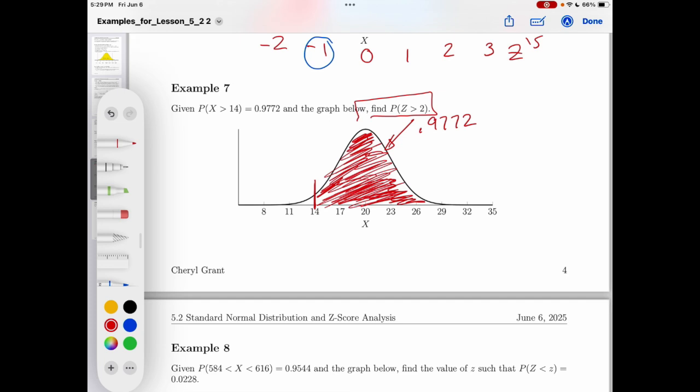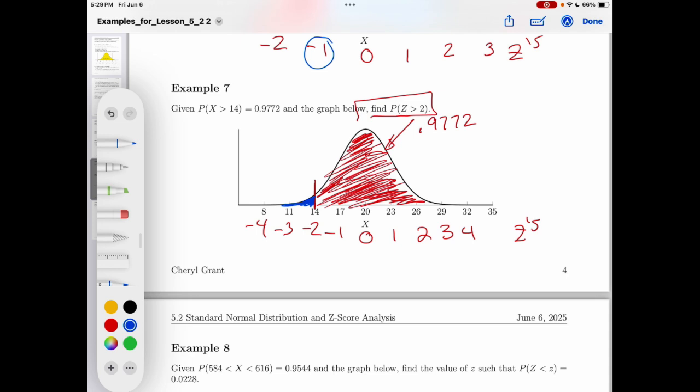So let's label our z's. Here's 0, 1, 2, 3, 4. Here's -1, -2, -3, -4. We can find this probability here by subtracting from 1.